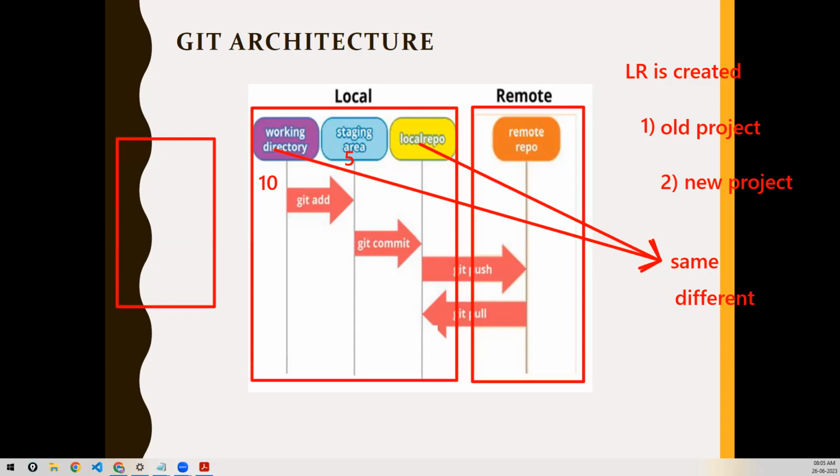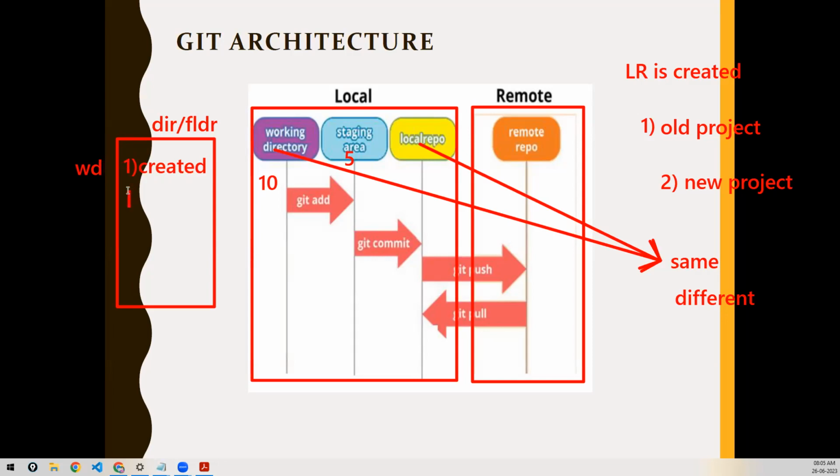Let's say this is your folder in your system, some folder or directory. For a Windows person, it's a folder, otherwise it's a directory. Now let's suppose you just created a file in this folder, then you say that file is in the working directory.